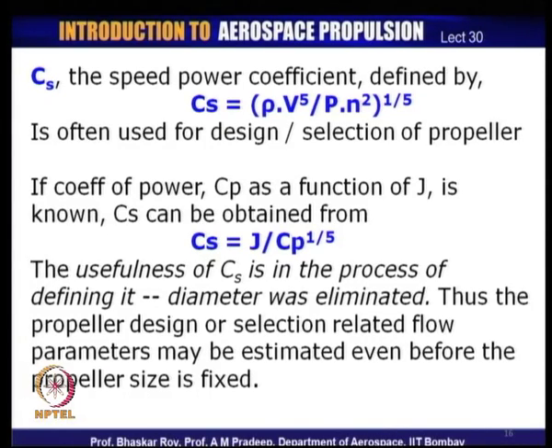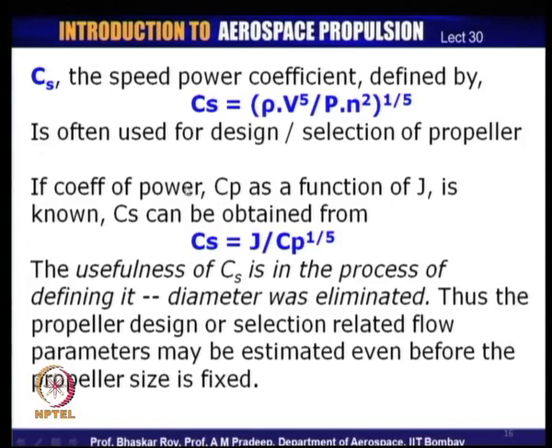The fourth characteristic, often used for propeller design or selection, is simply called the speed power coefficient, defined as C s equal to rho v to the power 5 divided by power P into n square, n being the rotational speed, all of it together to the power of 1 by 5, that is 0.2, and this is often used for design or selection of propeller.